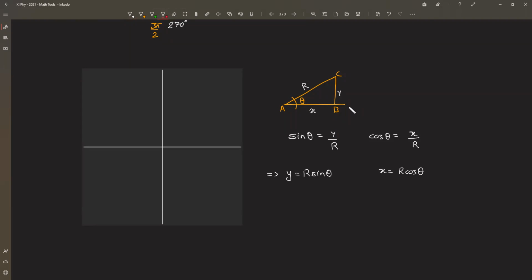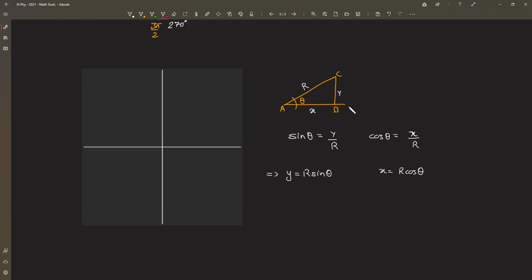Whatever we have done here, you will find in every chapter of physics, especially while doing mechanics, and even in optics in 12th standard, in electrostatics, everywhere.